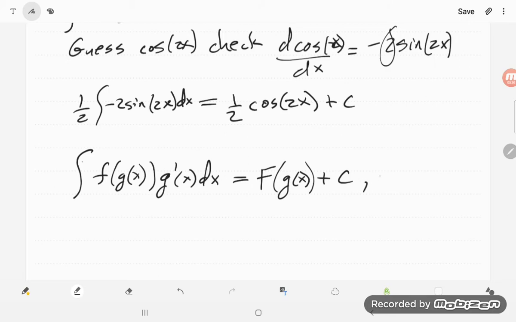Now, I have to tell you what this uppercase F is, where F prime of x, uppercase F prime of x, is equal to little f of x.